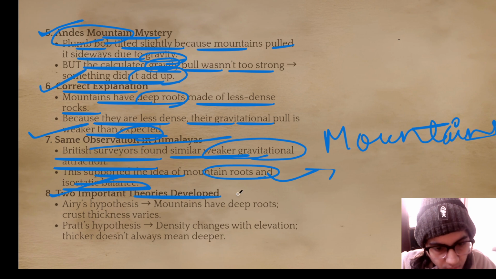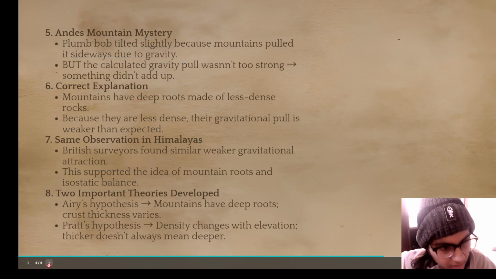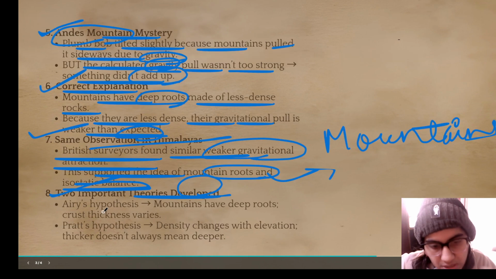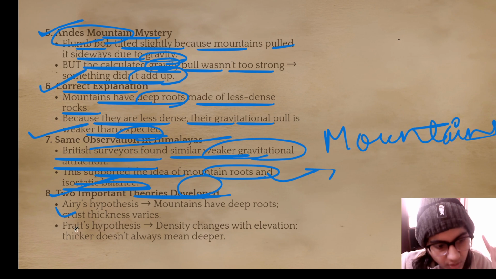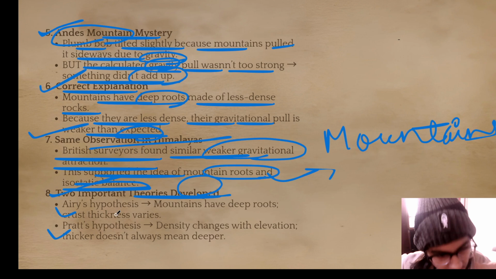Two important theories developed from these observations. First is Airy's hypothesis, second is Pratt's hypothesis. For now, we just go over the definitions only, and we will cover the things in more detail later on in upcoming videos. So what does Airy's hypothesis say?